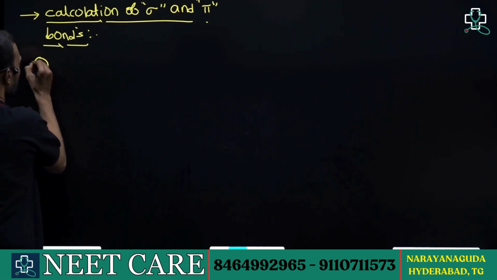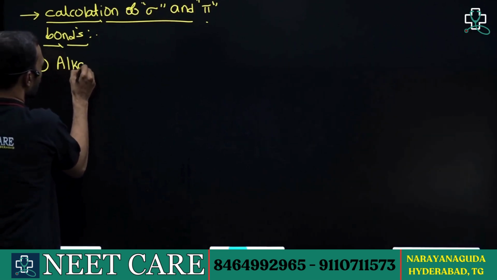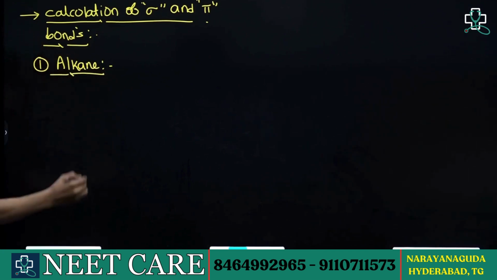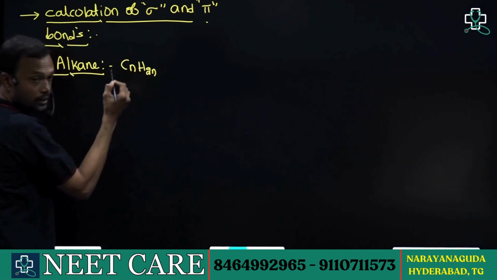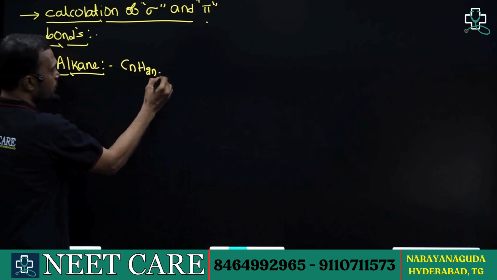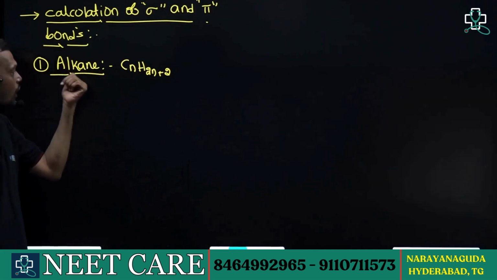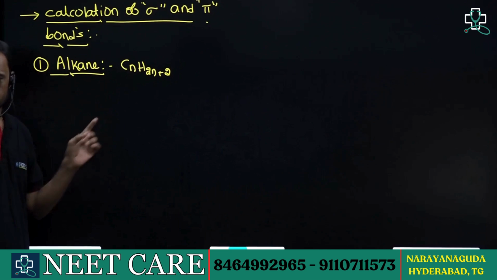First, I am going to take alkane. What is the general formula of alkane? I gave it yesterday. The general formula of alkane is CnH2n+2. An alkane is a hydrocarbon which carries only carbon and hydrogen.